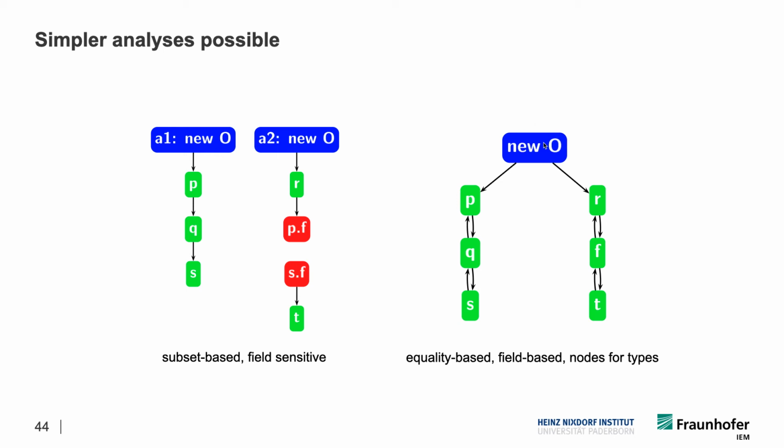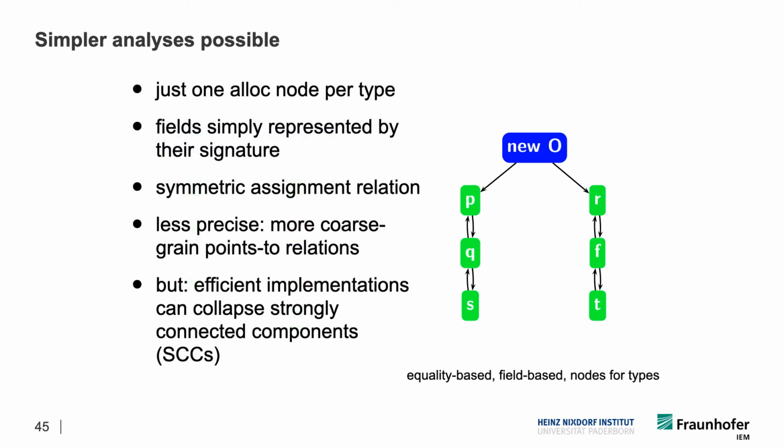And that can be another approximation. So you have less precision, you have a symmetric assignment relation, and that makes it more efficient, but obviously less precise.